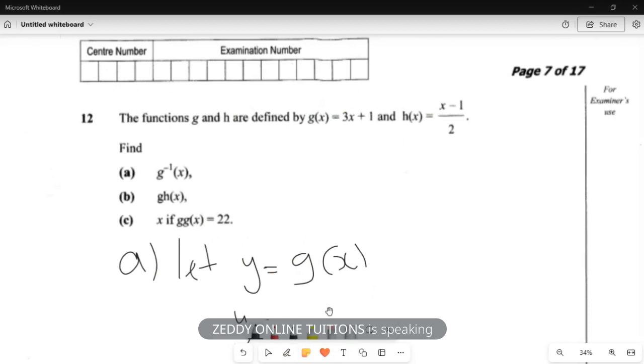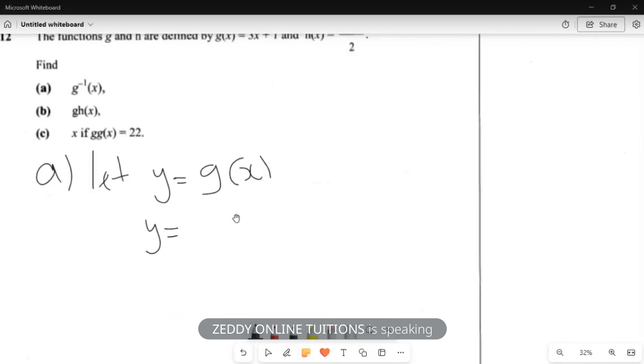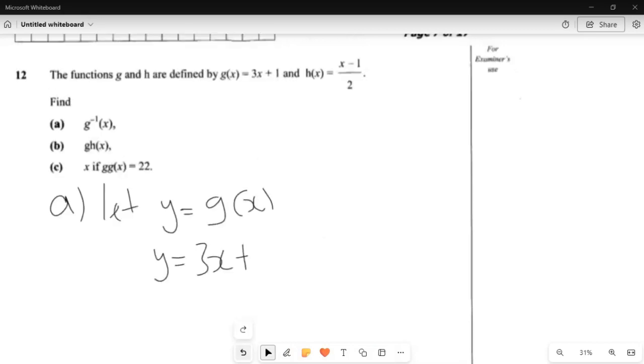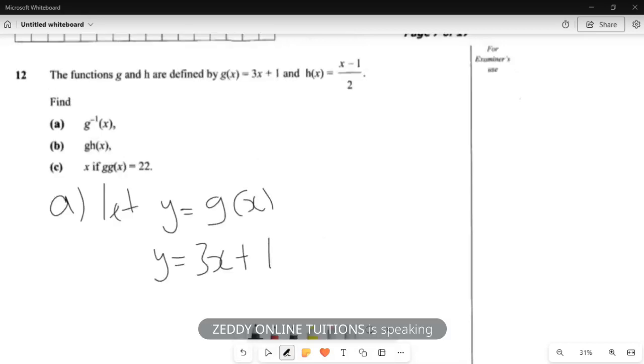With that, in front of Y. Is it understood? So we say Y equals 3x plus 1. And the next step, you can tell us the next step.